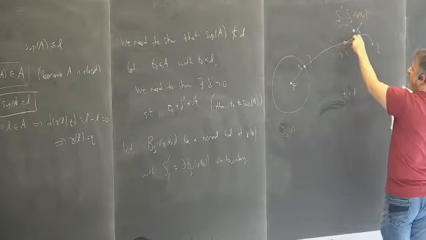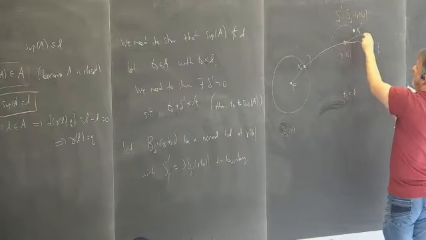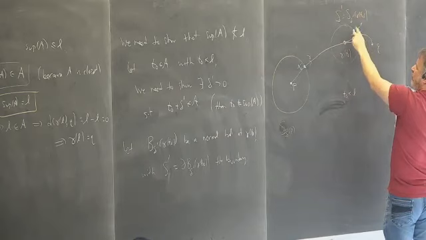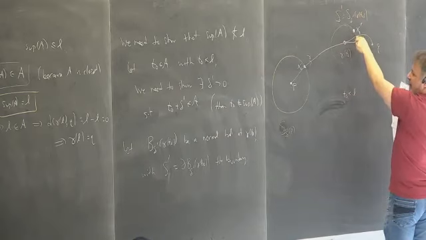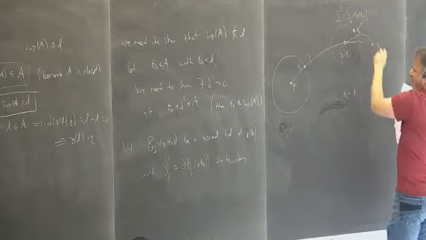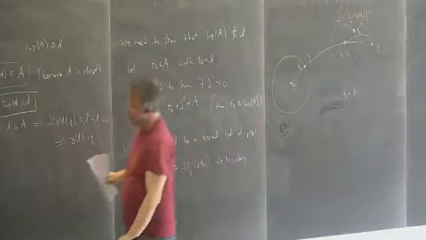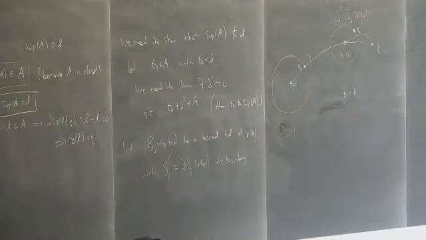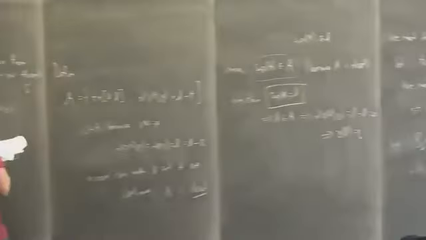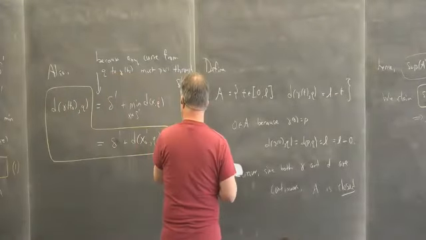So this yellow curve has length at least delta prime, and this is a curve from Q to a point on this orange sphere, and the smallest length is the one where the point is X naught prime. Okay, so this is equation 2.